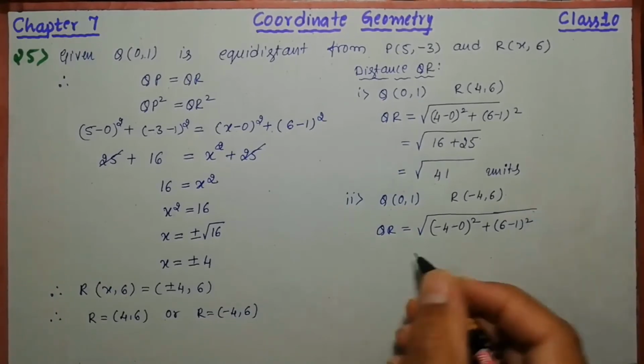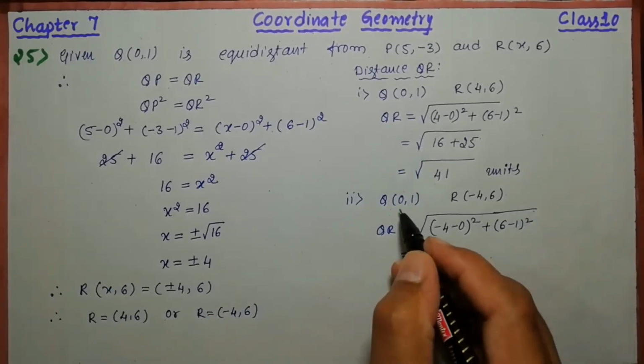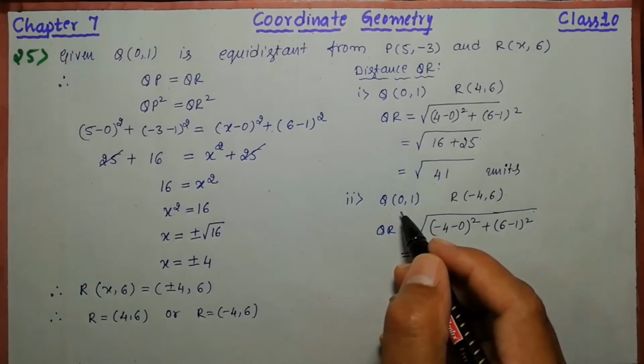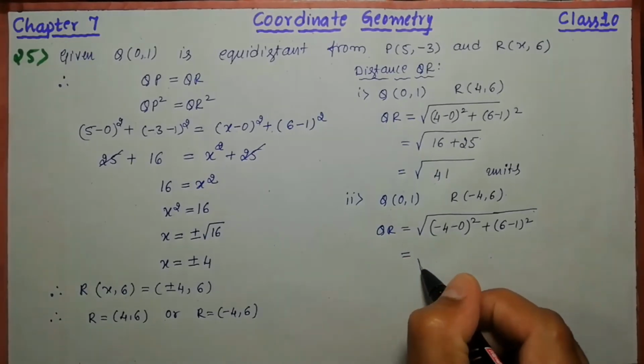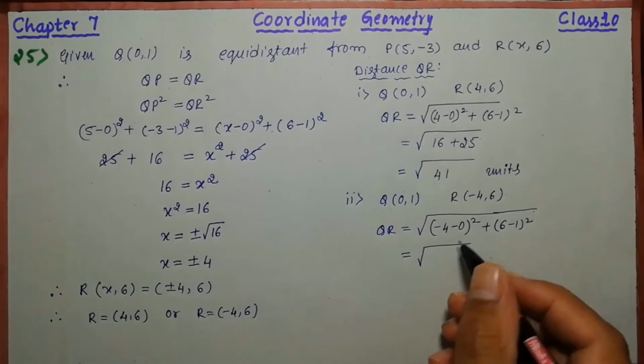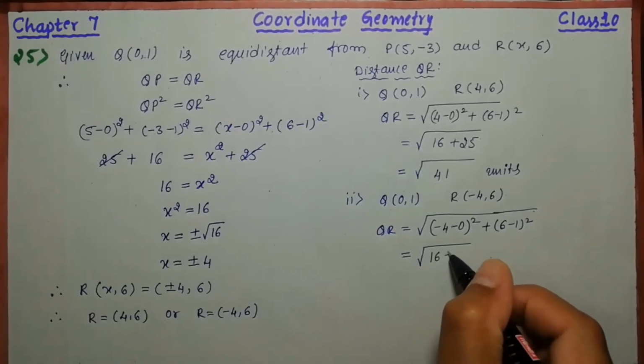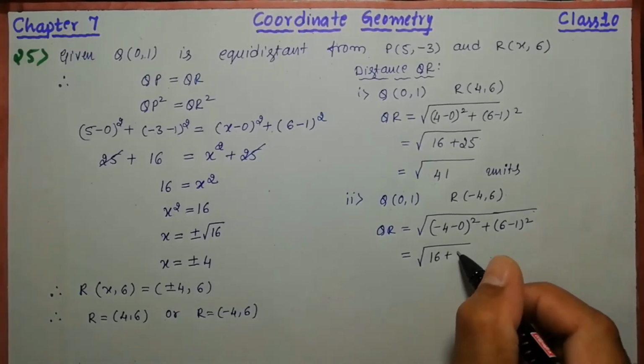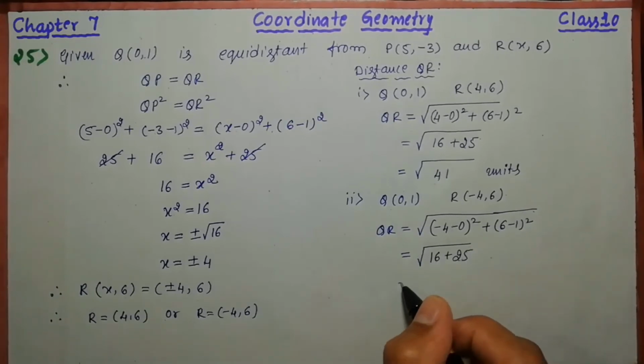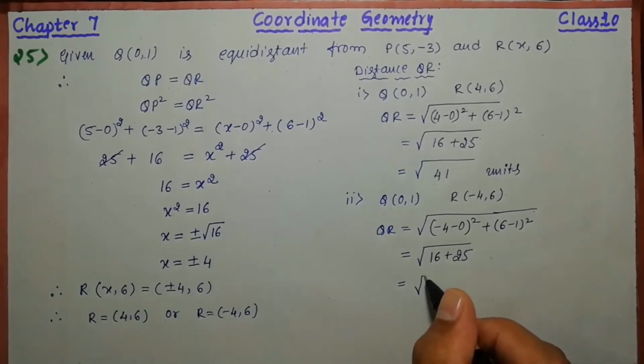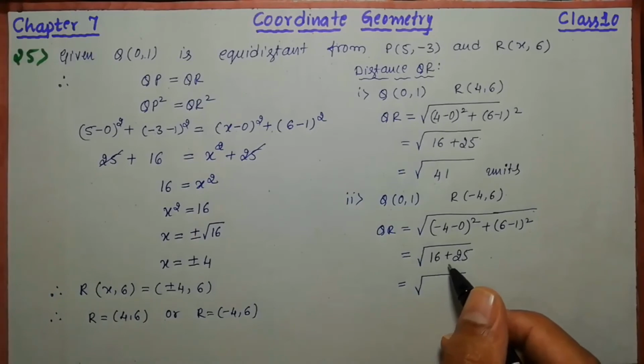I think there will be no change, because here this x coordinate is 0, so there will be no changes. It will become 4 square, 16, and then 6 minus 1 means 5 square, 25. So it will become 16 plus 25, which is 41.